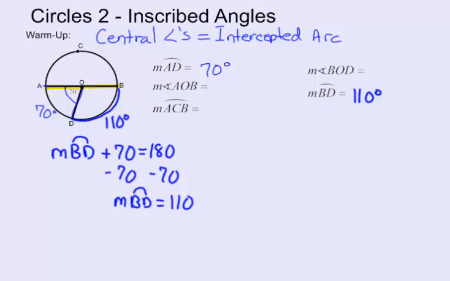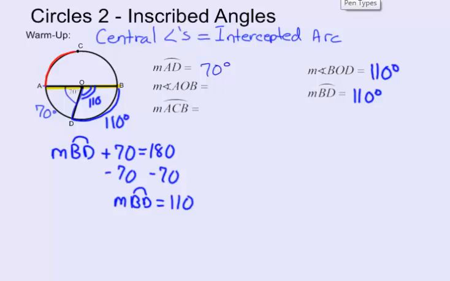What do we know? Well, that is an arc, and here we have another central angle, and that's also going to be 110 degrees. So therefore, when we come over here to angle BOD, that will be 110. Those two are the same. And what's remaining? Arc ACB. Let me just use a different color here.